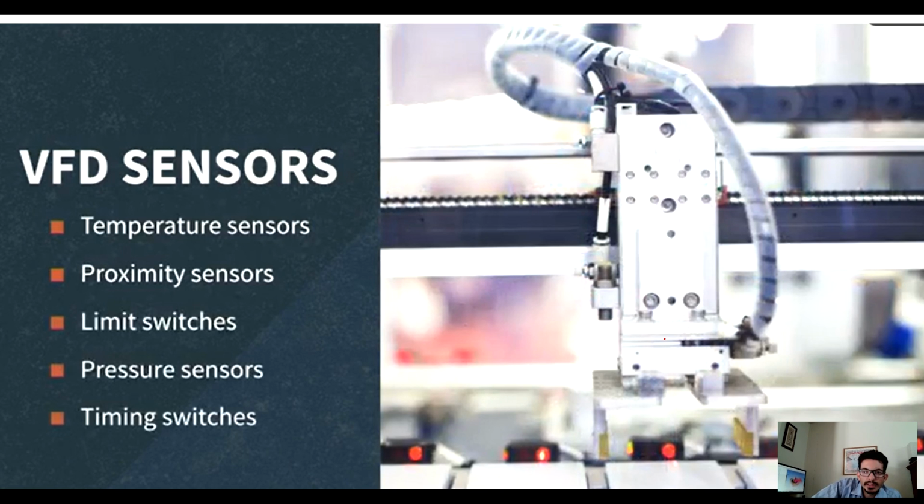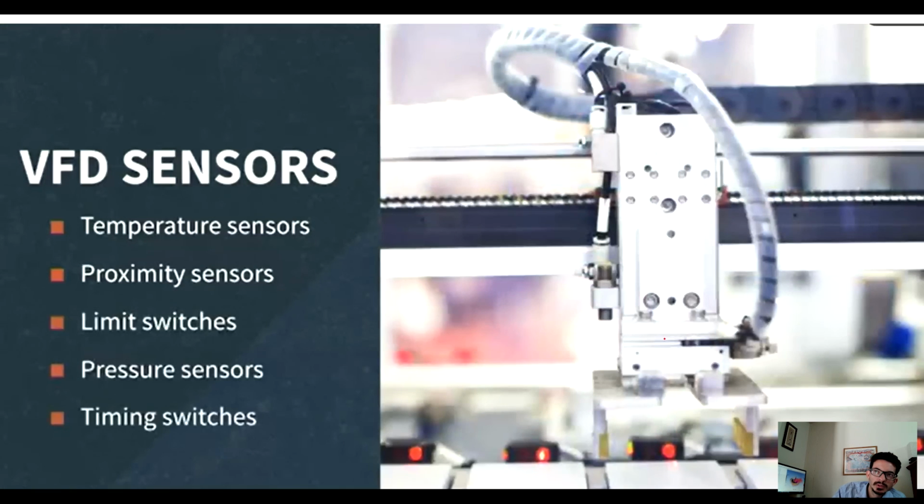The drive is usually installed with a combination of sensors because you want to make sure that you can sense how many parts are going per minute so you can decide if you want to go faster or slower, or you can use a proximity sensor to know when you have to open a valve to let paint go through a nozzle or to be able to extrude food in a container.